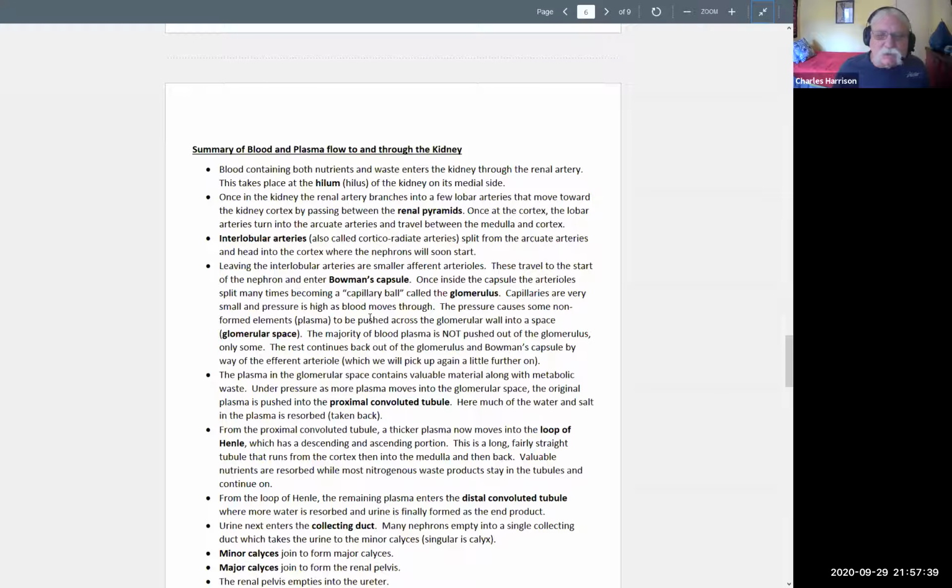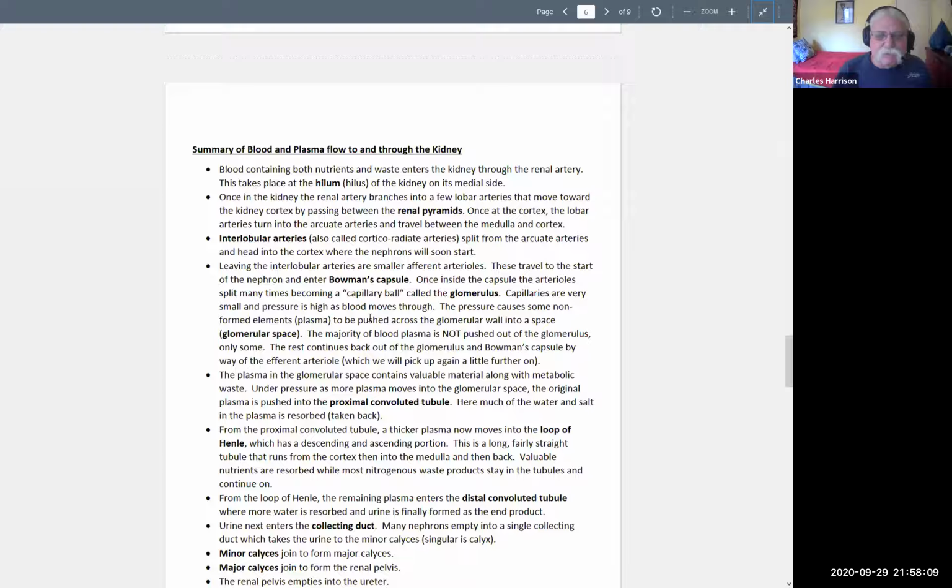The pressure is high and it causes some of the non-formed elements, meaning fluid elements, meaning plasma, to be pushed across the glomerular wall. That means across the capillaries that make up the glomerulus, and into a space right around it, still contained by the Bowman's capsule.